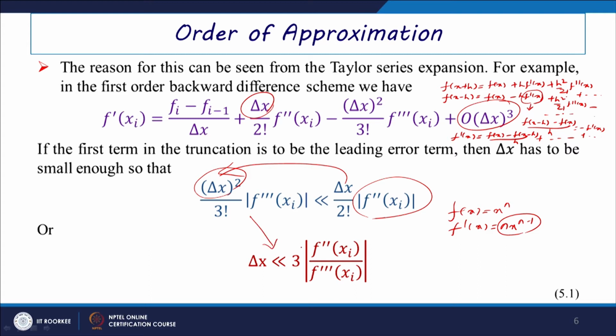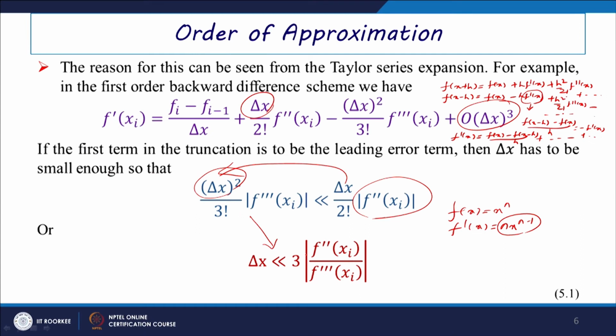If we consider this del x size, especially in the final step, then we can find del x should always be less than 3 times f double dash of xi by f triple dash of xi. If we go for this order of approximation, whenever we go for second order or third order approximation, as we discussed in the last lecture, the third order term associated with the derivative will always be less than the second order term.